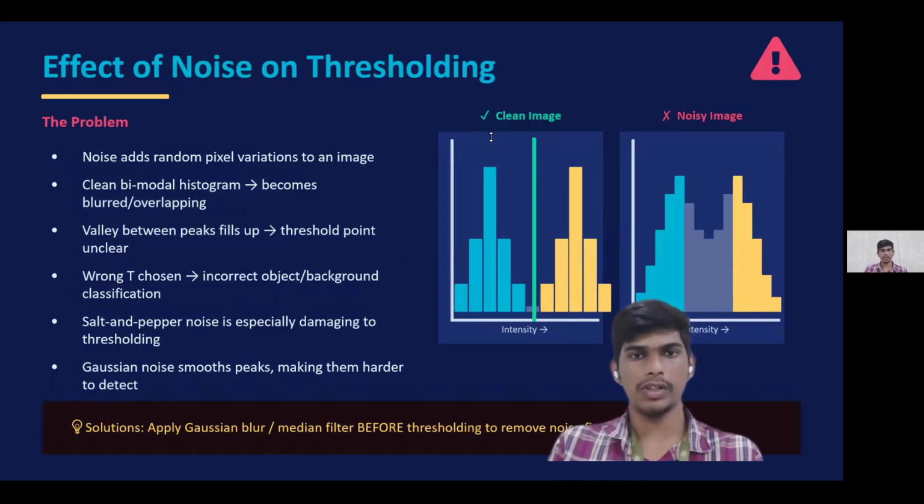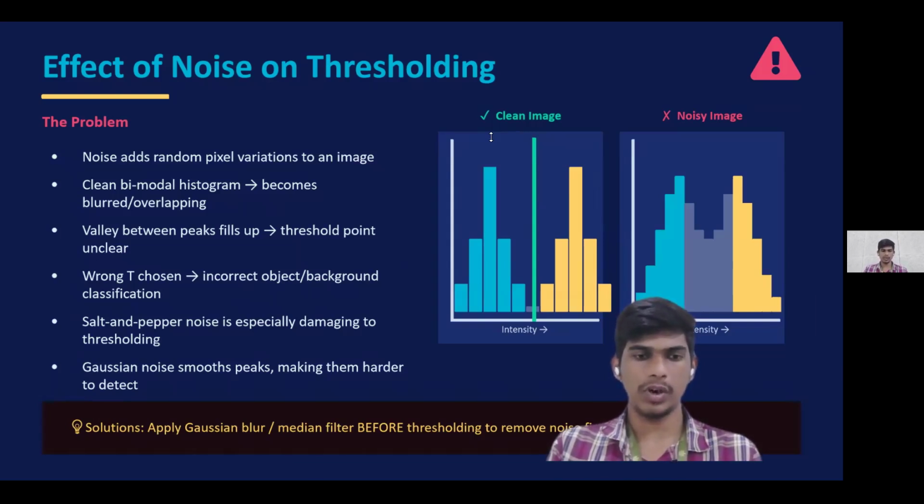Coming to the effect of noise, in thresholding there are two major noises that act as limitations: Gaussian noise and salt and pepper noise. We have to remove the noise beforehand, before performing the thresholding technique. Using the median filter, we can remove salt and pepper noise, and using the Gaussian blur technique, we can remove Gaussian noise.